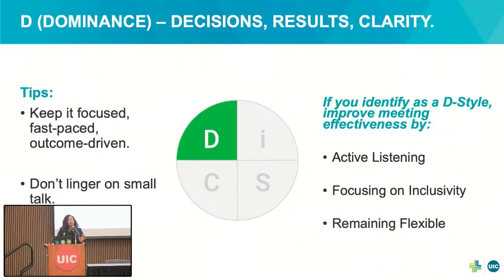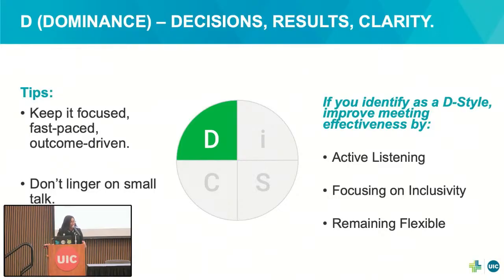When it comes to meeting efficiency, our D style is absolutely going to approach meetings with specific goals in mind, and ultimately prioritize reaching those goals to maximize the results. So while the D style is focused on driving results, it is strongly encouraged that you occasionally step back and listen to others, right?